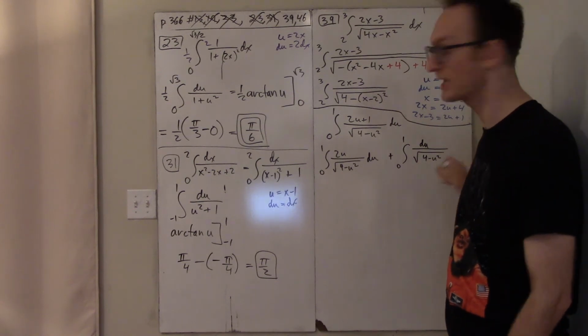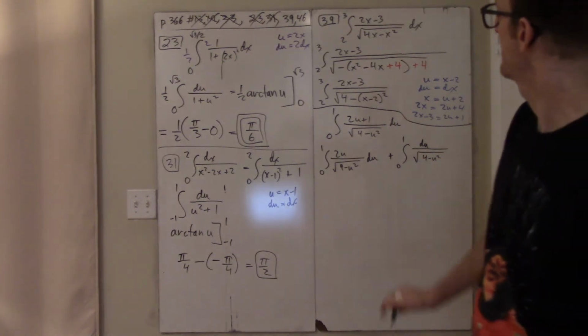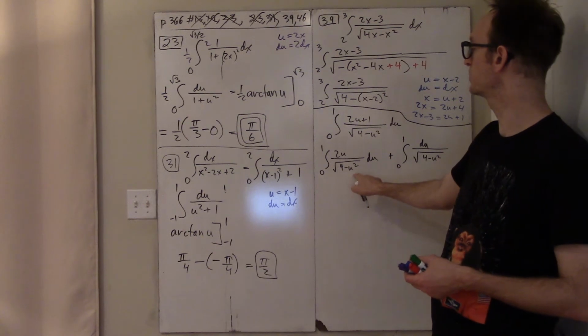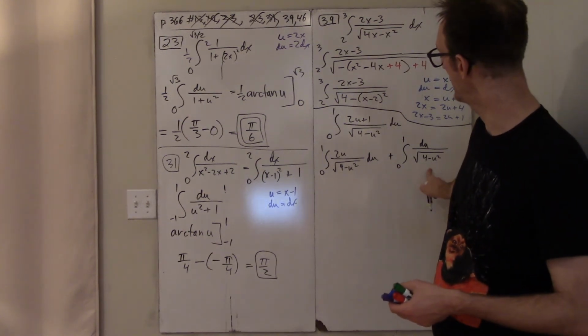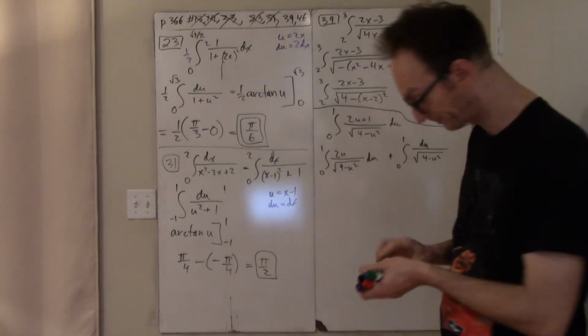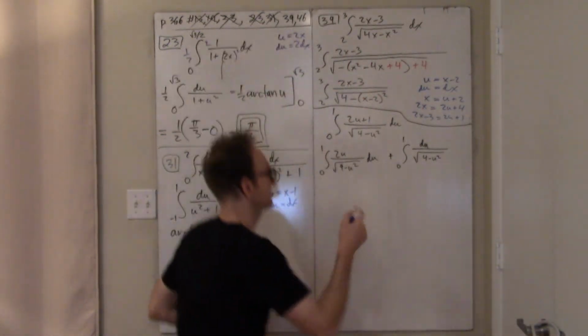Why see this as two separate problems? Because this one can be solved with a simple u-sub, and this one is going to be some kind of arcsine thing. So let's do these separately.